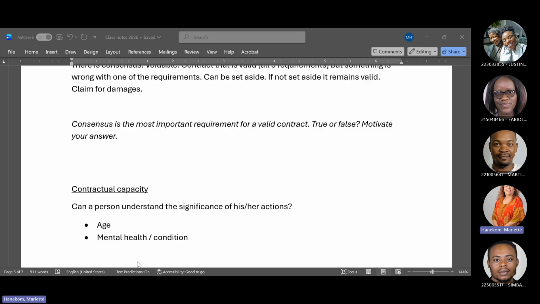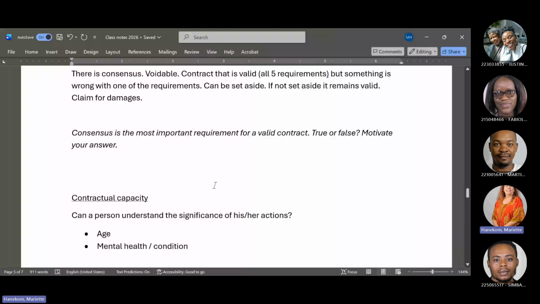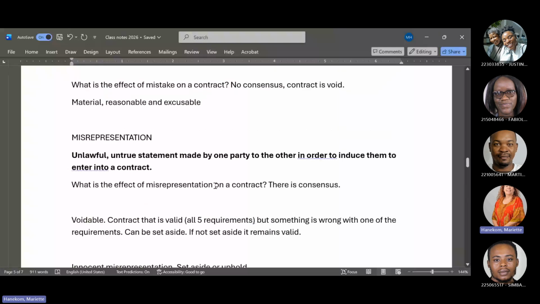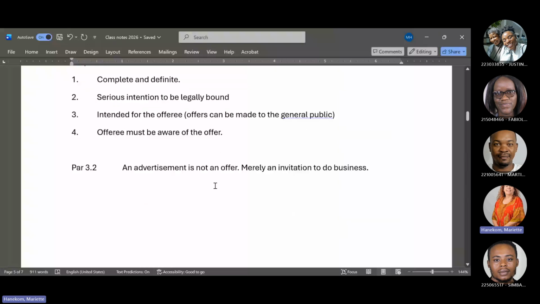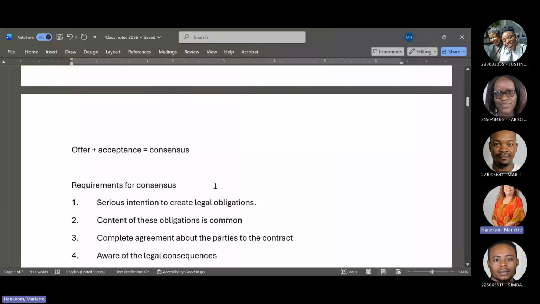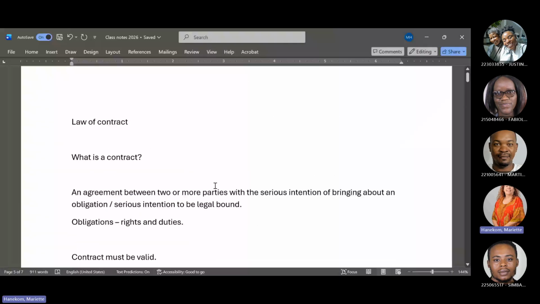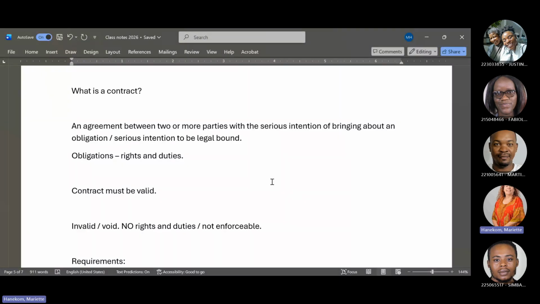Right, we're busy looking at the requirements for a valid contract. What we've seen so far is that a contract is an agreement between two or more parties with a serious intention of bringing about an obligation, with a serious intention to be legally bound.